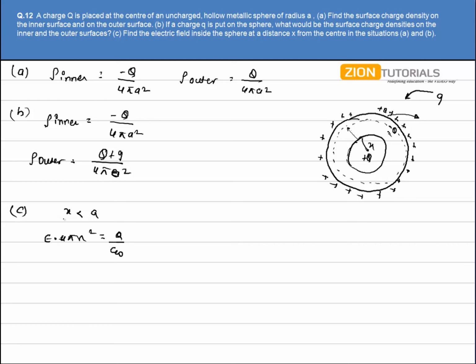So the net charge enclosed is capital Q, and the electric field comes out as Q by 4 pi epsilon naught x square. But when x is greater than a, the net charge enclosed is 0, so the electric field will still be given by Q by 4 pi epsilon naught x square. That will remain the same.